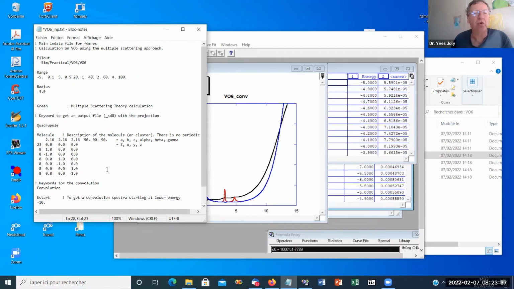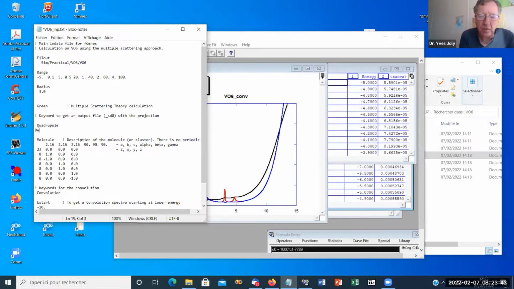You remember in the introduction that it's possible to have the density of state of the absorbing atom. If I write this keyword, density, I will have the density of state of the absorbing atom in a special output. Note that if I write density all, I will have the one of all the atoms.